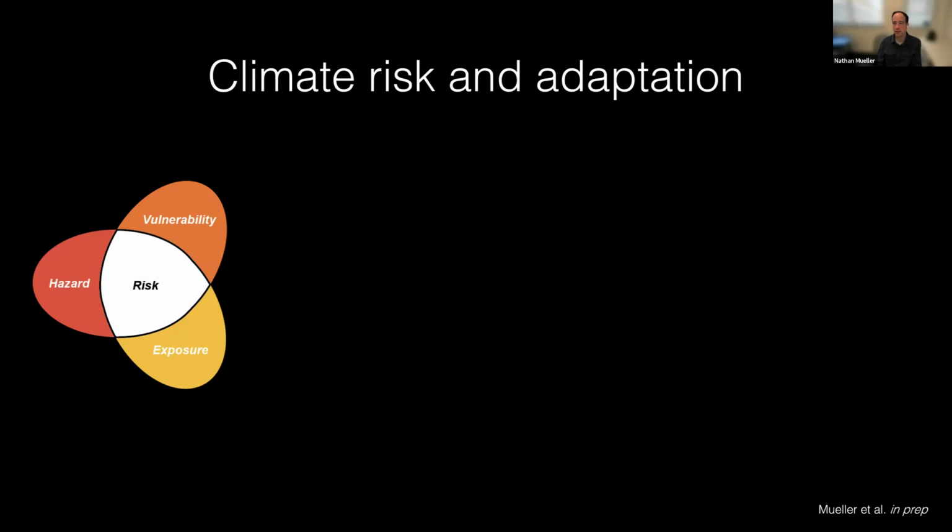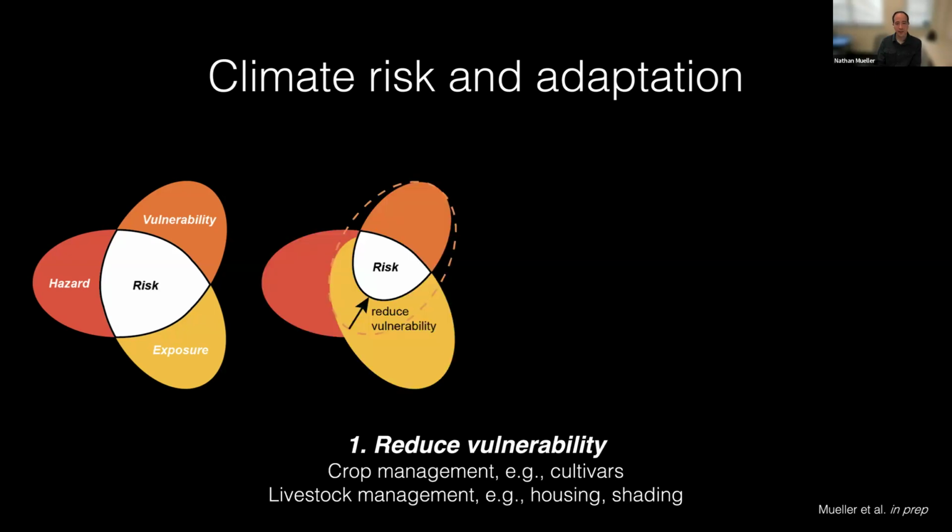But that also means that there are mechanisms for adaptation too, right? We know that climate variability and change is altering those physical climate hazards, but we do have some control as humans over exposure and vulnerability.